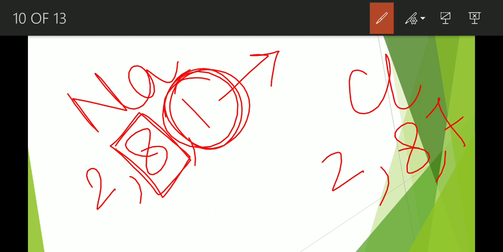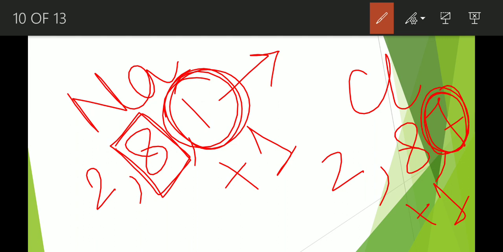As sodium is donating 1 electron to achieve octet, that's why its valency is 1. And in case of chlorine, 7 electrons are present in its valence shell. It also has to achieve the octet configuration. Now, the easiest way for chlorine to achieve octet configuration is to gain 1 electron, because 7 plus 1 is 8.